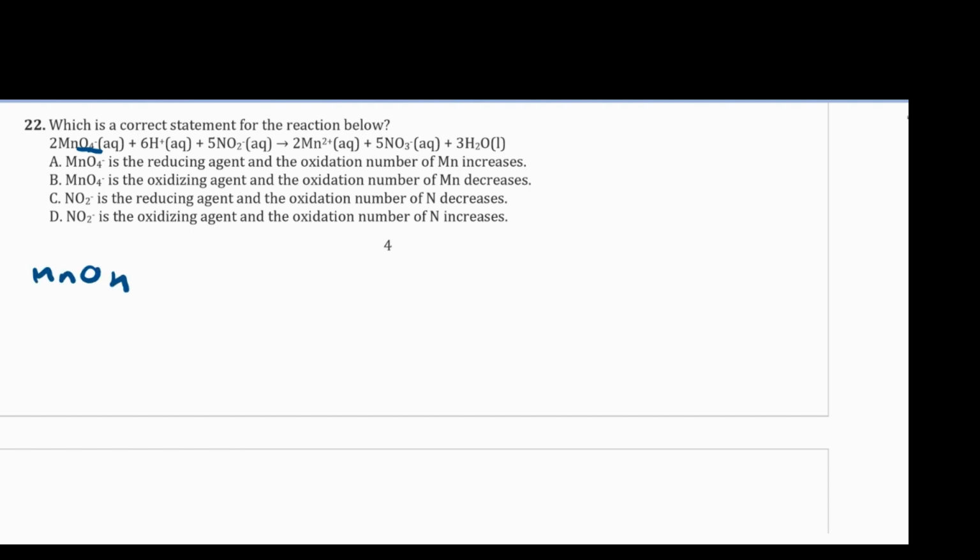So MnO4 is being reduced, which means it will be the oxidizing agent, not the reducing agent. It's self-reduced. That means its oxidation number decreases. So it will be B.